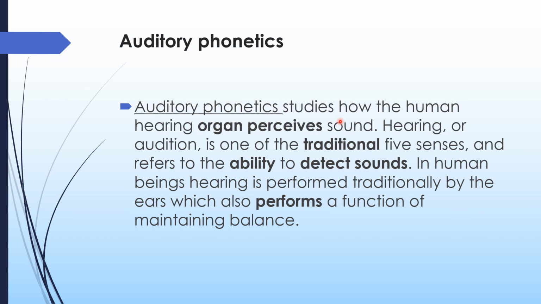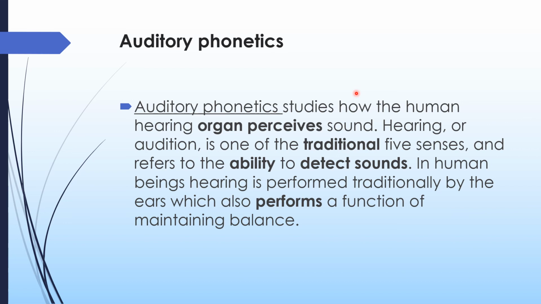For example, in Bangladesh, people from different regions have difficulty producing different sounds because they are not able to detect them. For example, they cannot tell the difference between pa and ha.